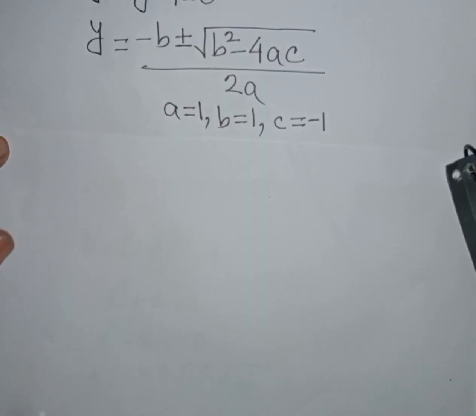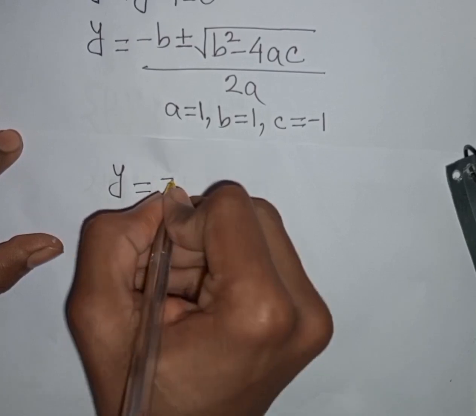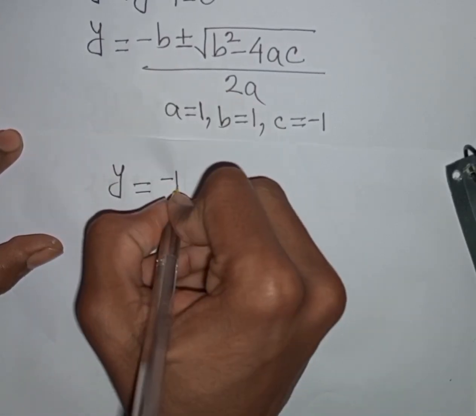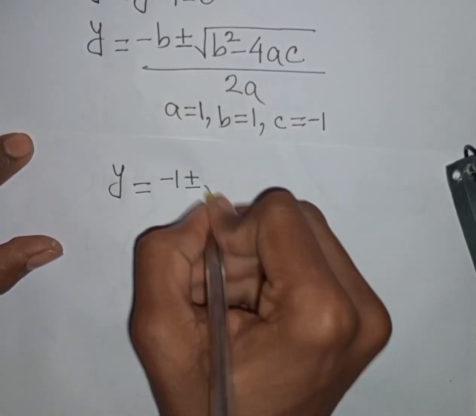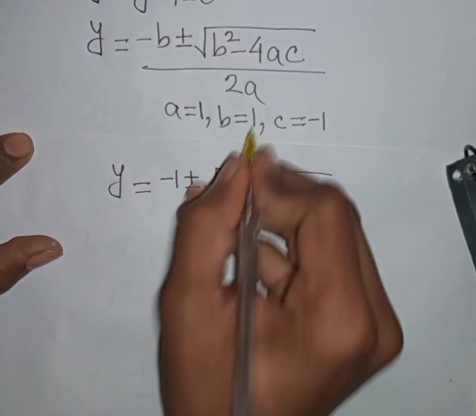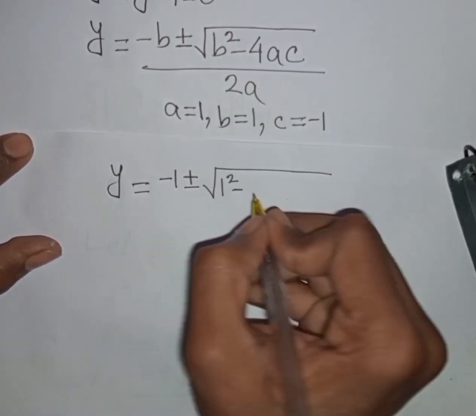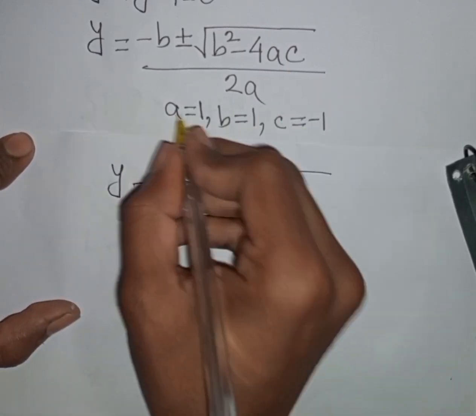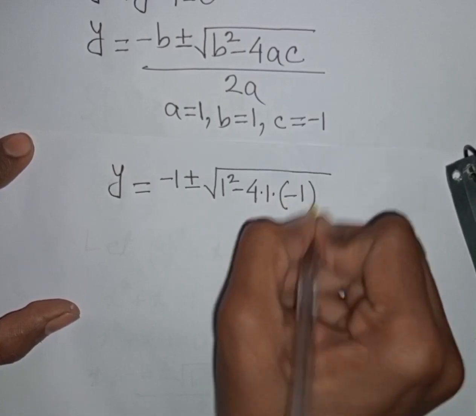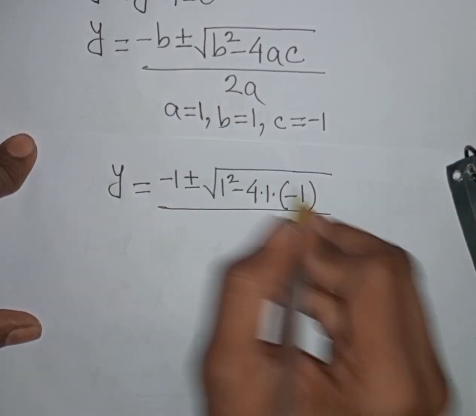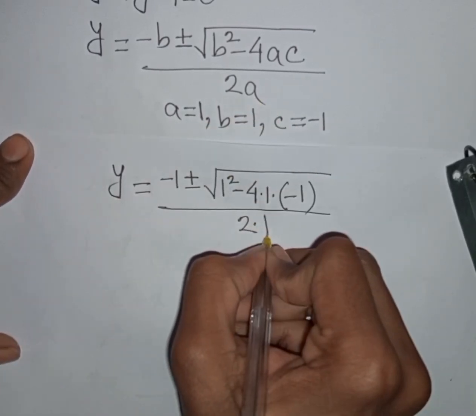Now we can write y will be equal to minus b, that means minus 1, plus or minus the square root of b^2, that means 1 squared, minus 4 times a, that means 1, times c, that means negative 1, divided by 2 times a, that means 2 times 1.